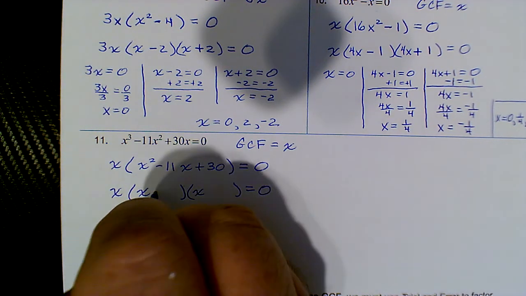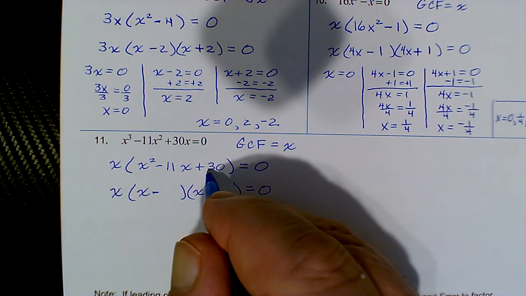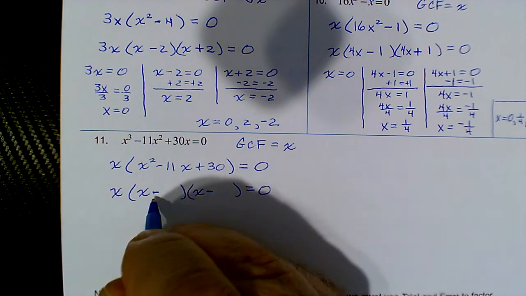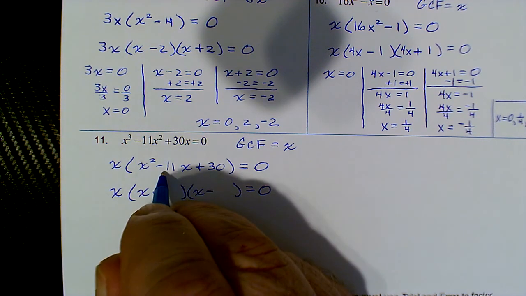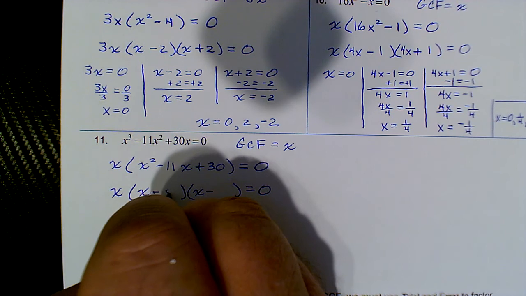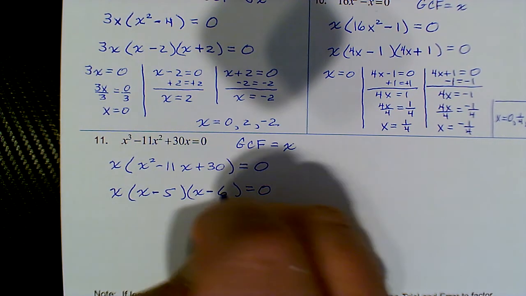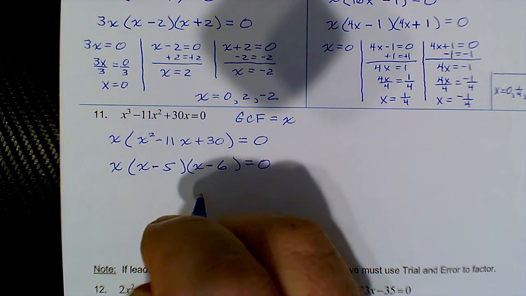And then let's see, I know the signs are both negative, because remember, if the constant term is positive, signs are the same, and they will be whatever the sign of the middle term is. So in this case, both negative, and it looks like a 5 and a 6 will work. And you could check that, or use the factor method, whatever you prefer.